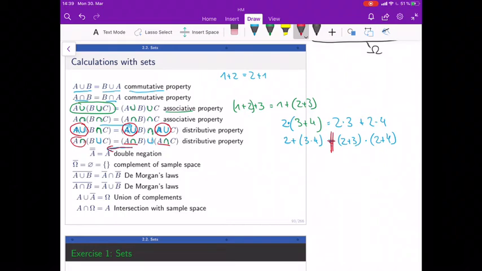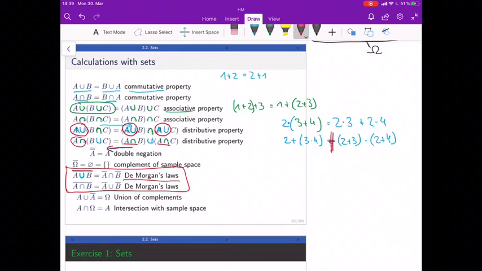What happens if we combine a union with a negation? This is called De Morgan's law. This is one of the most useful rules that we have, so you'll have to remember this one. It's fairly straightforward. Let me put this in a different color.